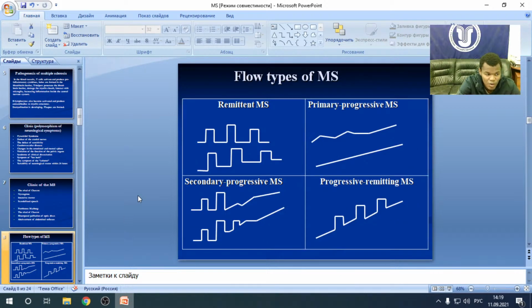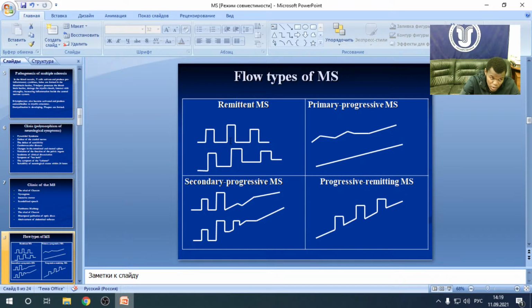So, flow types of MS. How does it start? First, relapsing-remitting MS. When the symptoms occur, after that it comes back to normal, and there will be no problem.